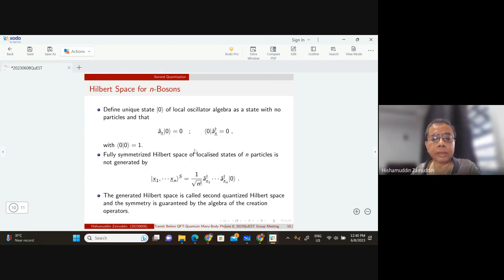So over here, one can now start from that particular state and generate other states, to give you the sort of localized state of n particles. This is different from the way we think of the harmonic oscillator.